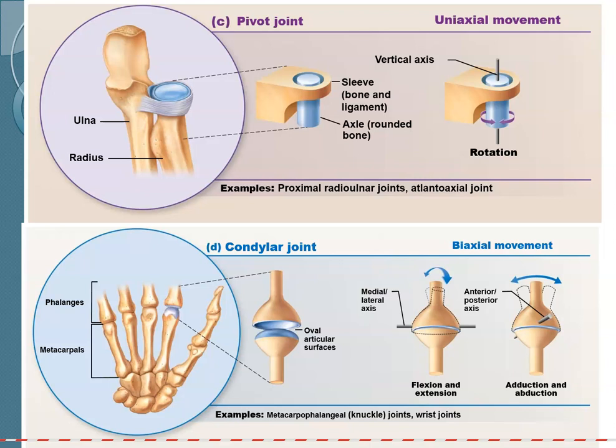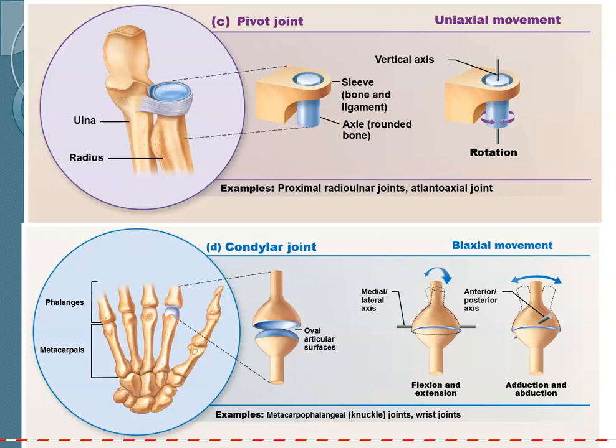So that's between the atlas C1 and axis C2. The C2's dens process behaves as the rounded head, around which the atlas will turn. So when we say no, when we turn our head from side to side, we are using the pivot joint between those two bones.